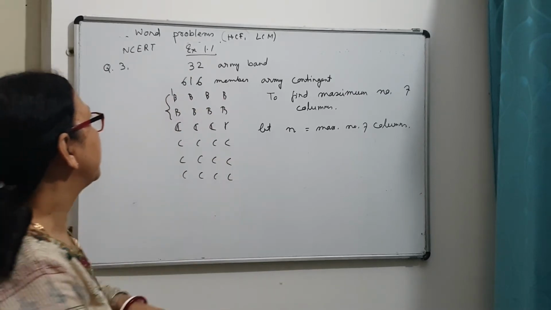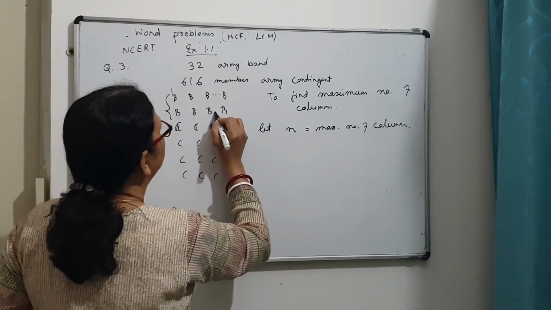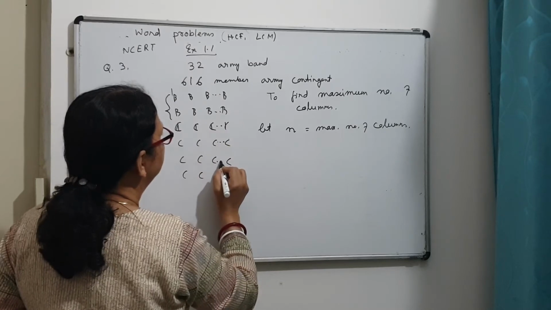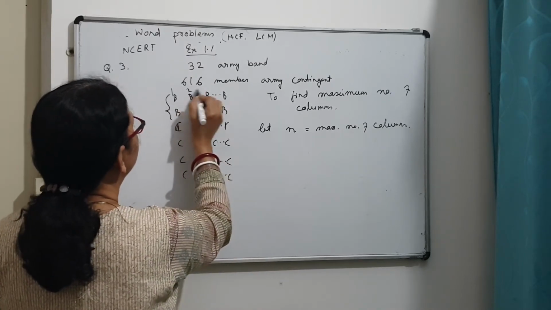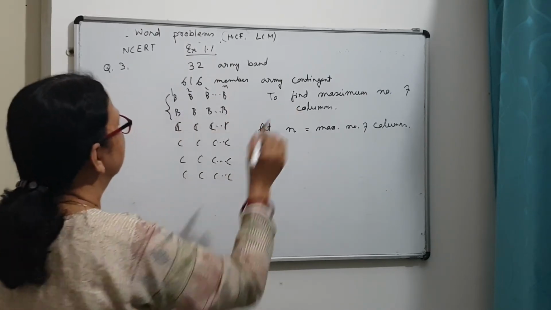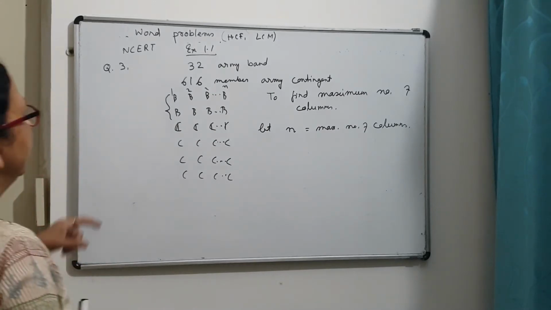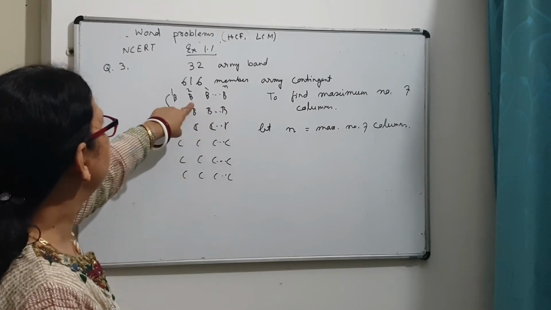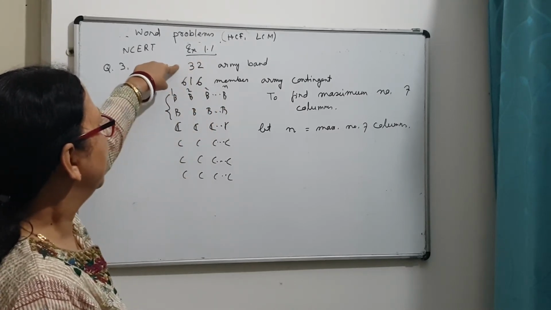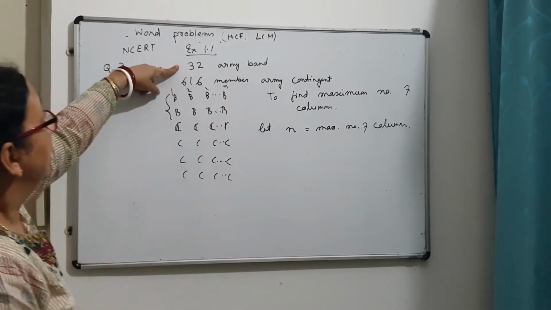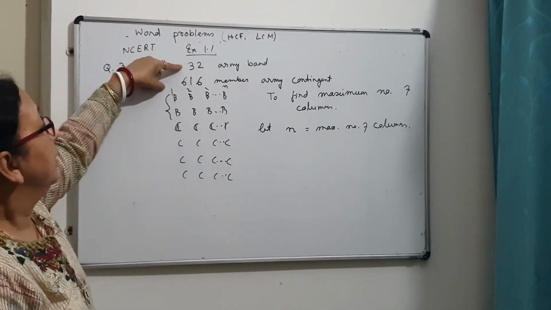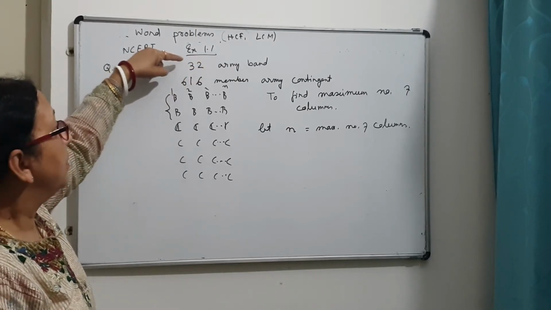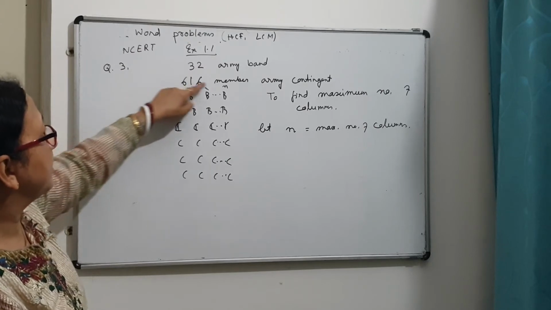That means there are n columns, 1, 2, 3, etc. So this number n has to be a factor of 32, isn't it? Because these 32 members have to be accommodated in this space.